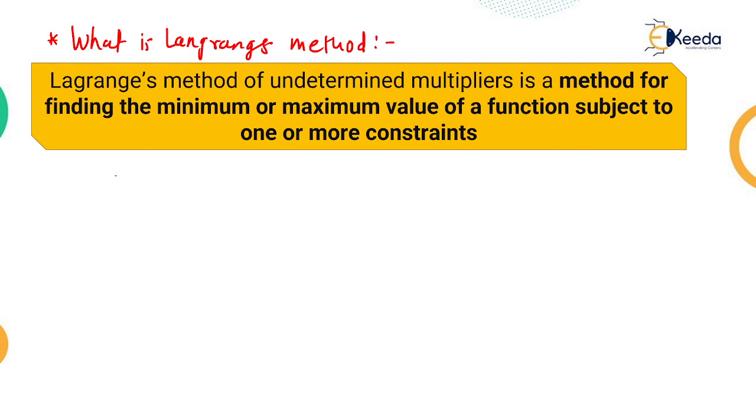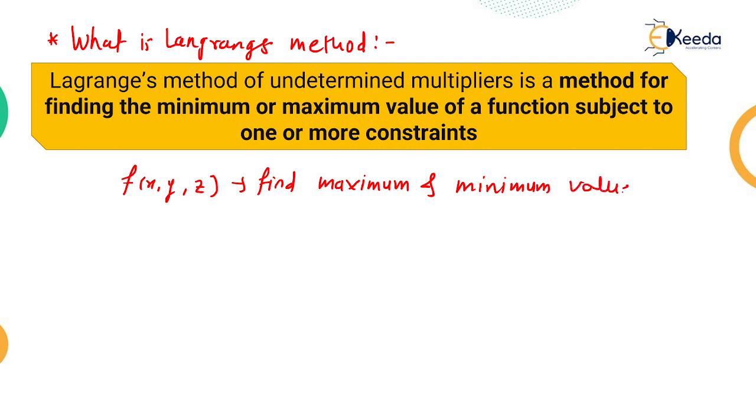In this method, two functions are given. One is f of x y z, and you have to find the maximum and minimum value of this function.